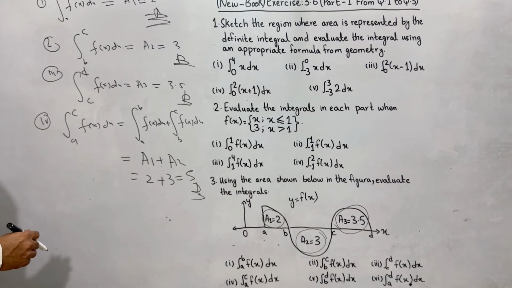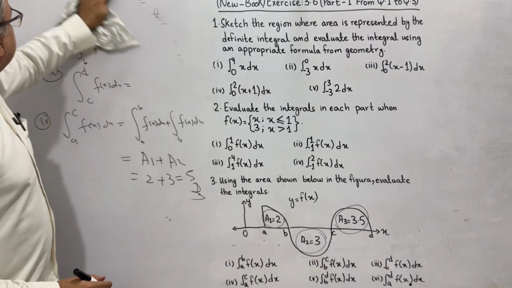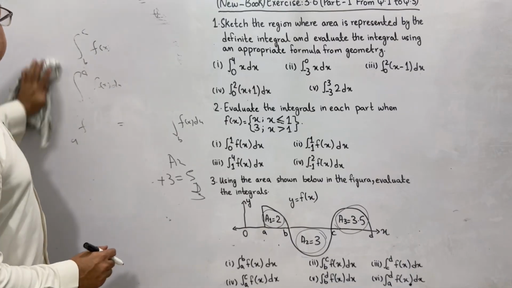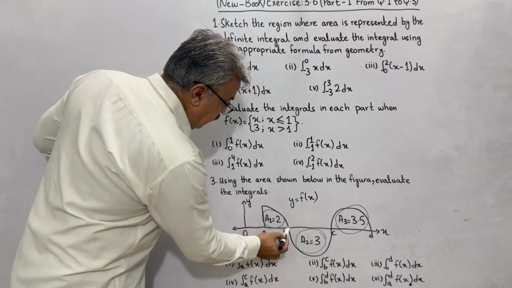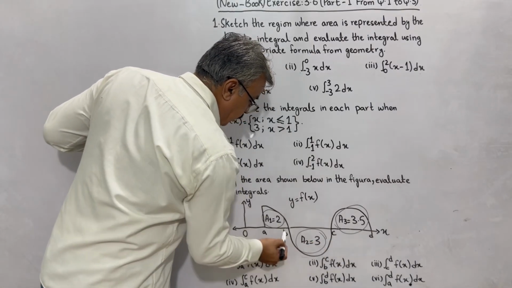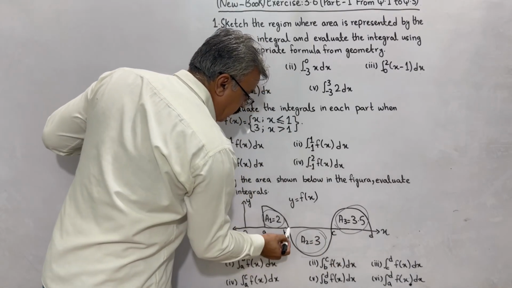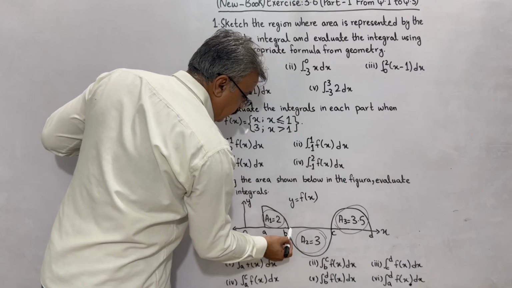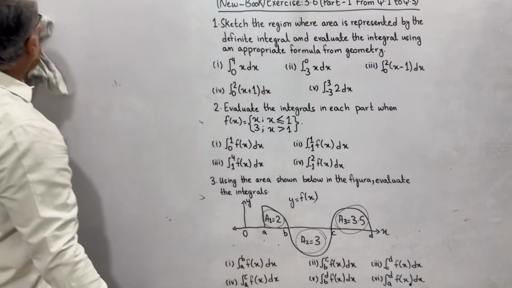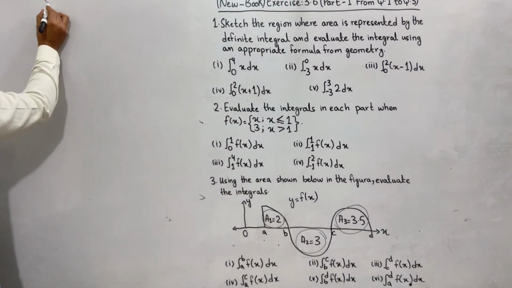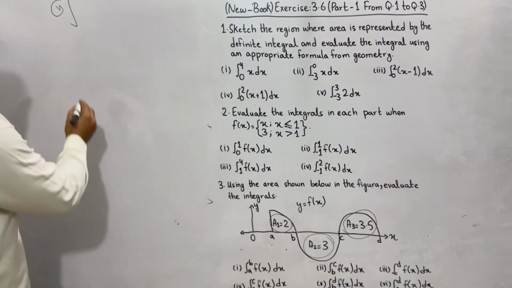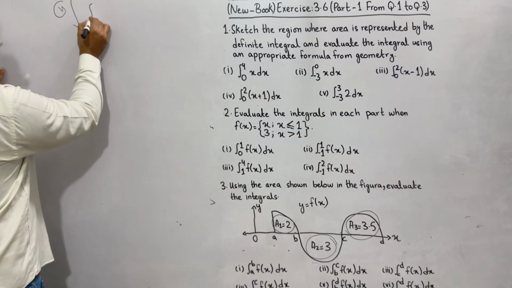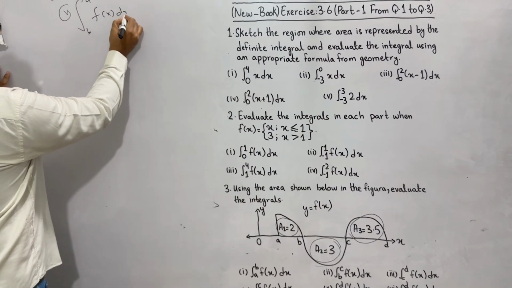Let me erase this first and say bye bye to these. 5 and 6. Question number 5 is from B to D. We can split it from B to C, then C to D. Our limit runs from B to D of f of x dx.